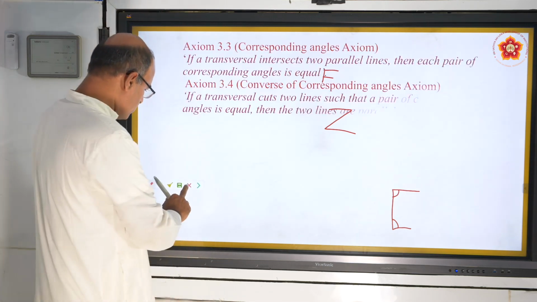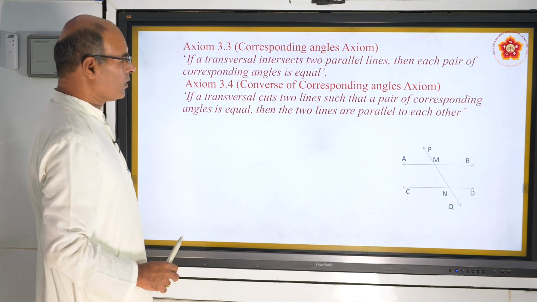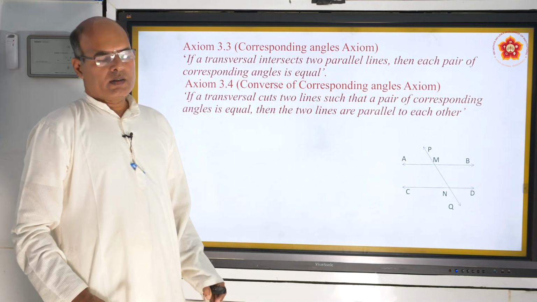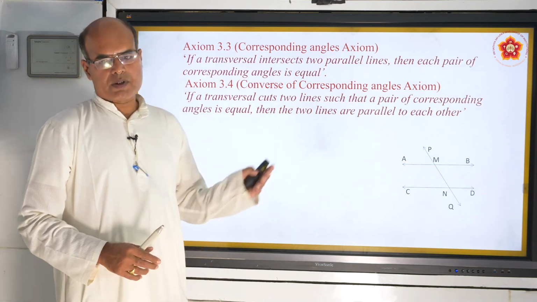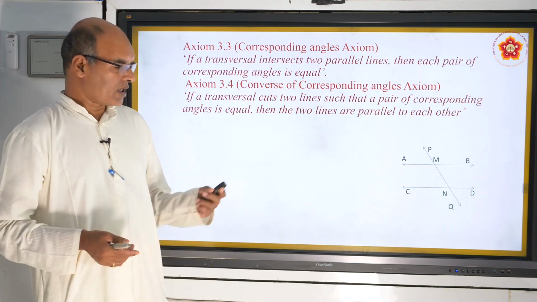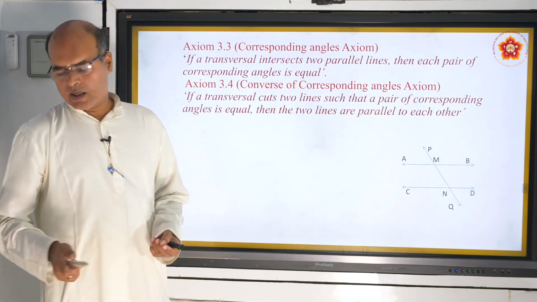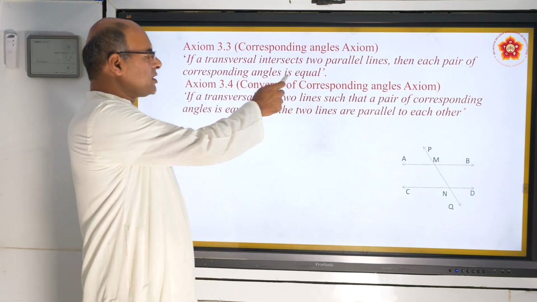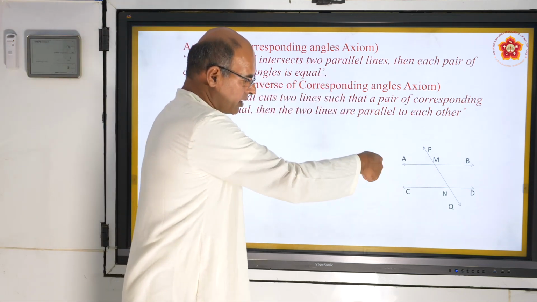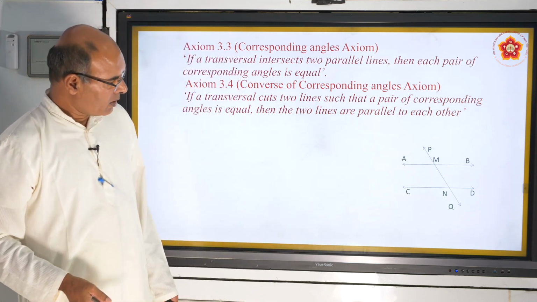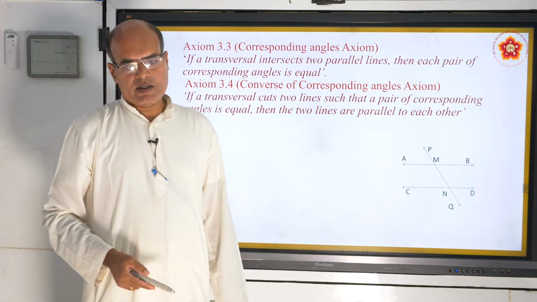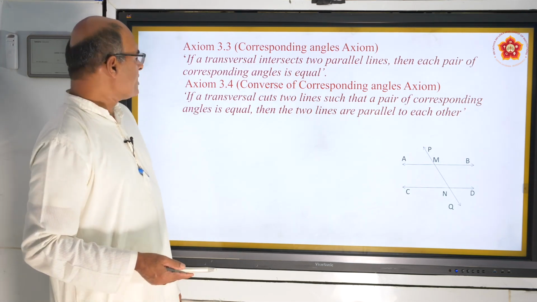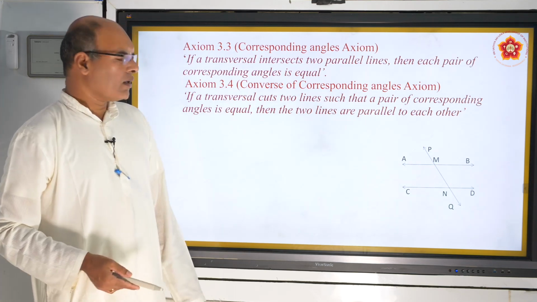Now let us go to a few axioms. If the given lines are parallel, how are the pairs of different types of angles just explained related: corresponding angles, alternate angles, and interior angles on the same side of the transversal? If a transversal PQ intersects two parallel lines AB and CD, then each pair of corresponding angles is equal.